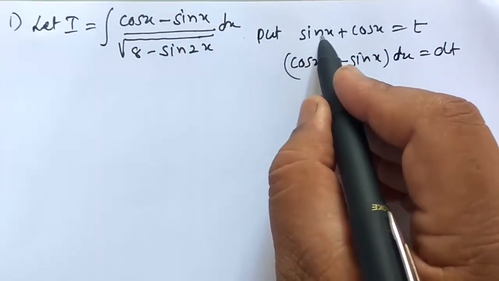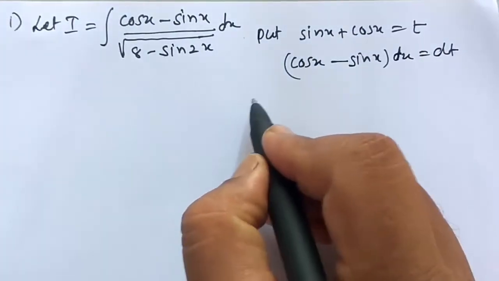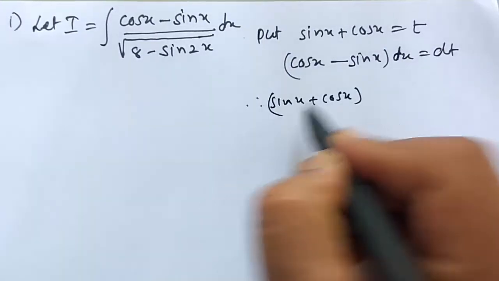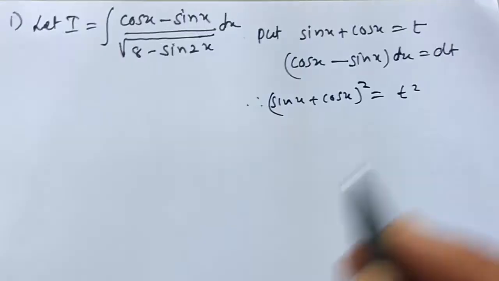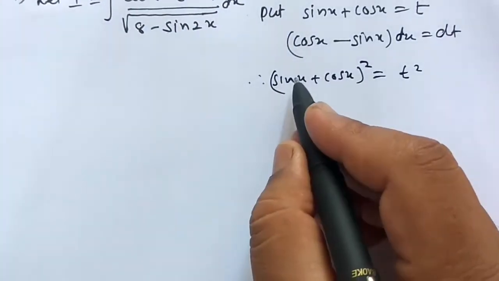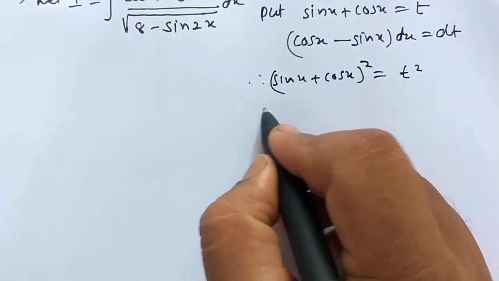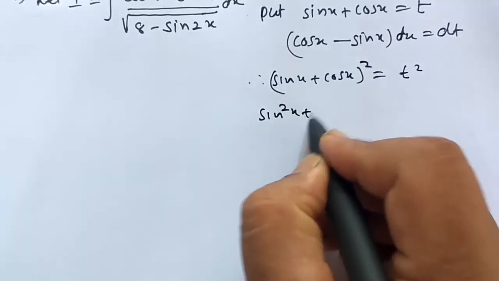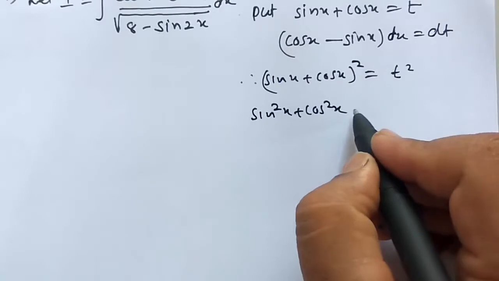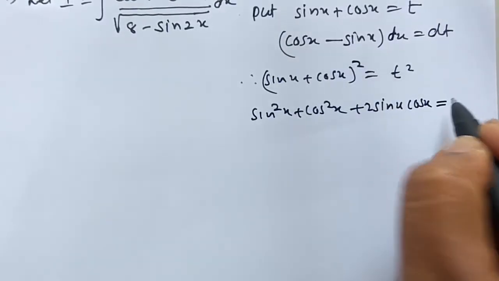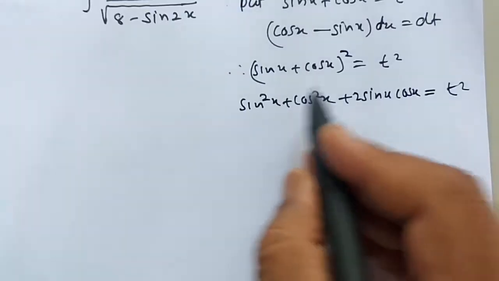Now, since sin x plus cos x is equal to t, if you take the square of this, it is t square. Now, squaring, (a plus b) whole square is a square plus b square plus 2ab. So it is sin square x plus cos square x plus 2 times sin x into cos x is equal to t square.